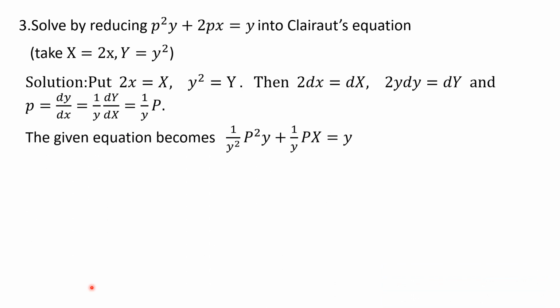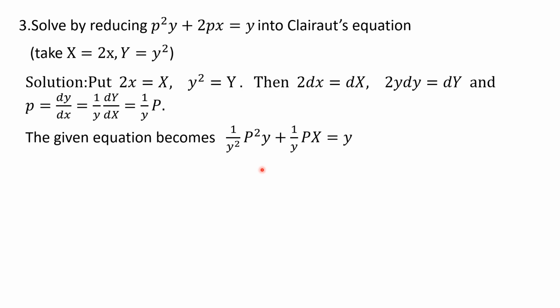After substituting in the equation, what it gives: P square means 1 by y square p square into y plus 2p is what, 1 by y capital P into x is nothing but 2x, sorry, 2x together, 2 into x is nothing but capital X. So that is what we have taken, uppercase X, and capital P alone is nothing but 1 by y p is equal to y.